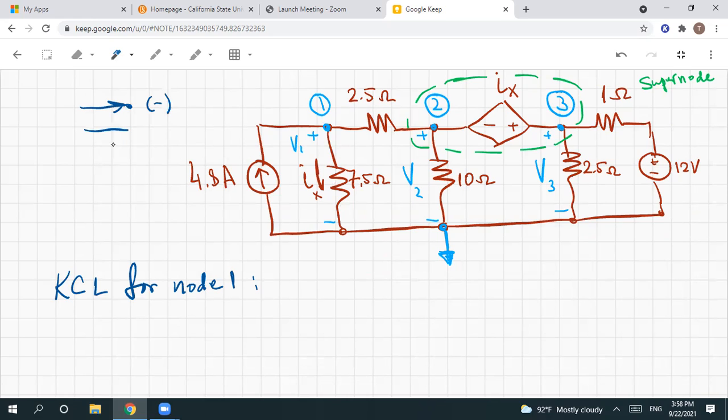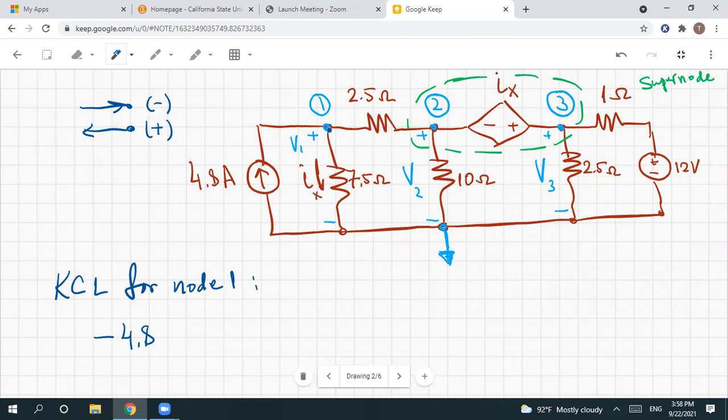The current which is leaving the node is positive. So the first current, the current of the current source, leaving or entering? So it will be negative 4.8 in the chat box. Thank you. So negative 4.8. So this current source is going to the node, so it will be negative 4.8.